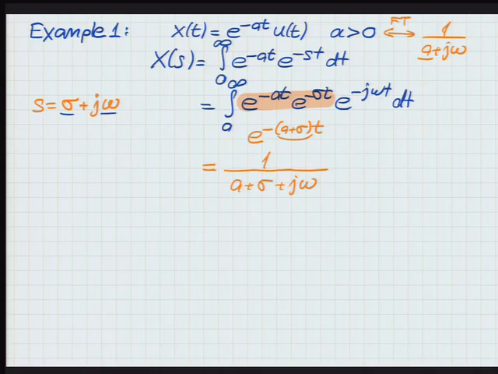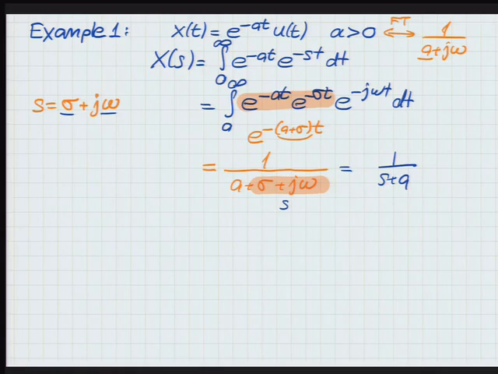It's here, so this is s. So we have 1 over s plus a. So when you told me the Fourier transform is 1 over a plus sigma plus j omega, you made an assumption that you didn't tell me about.